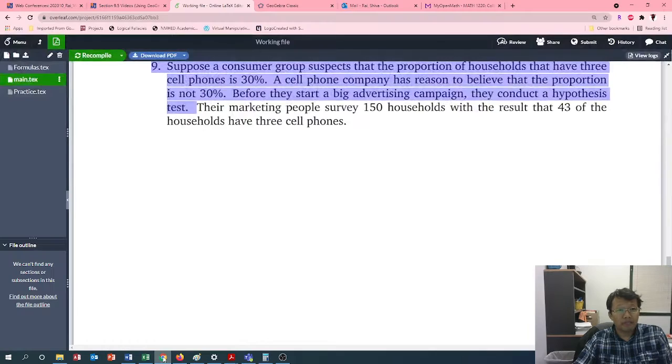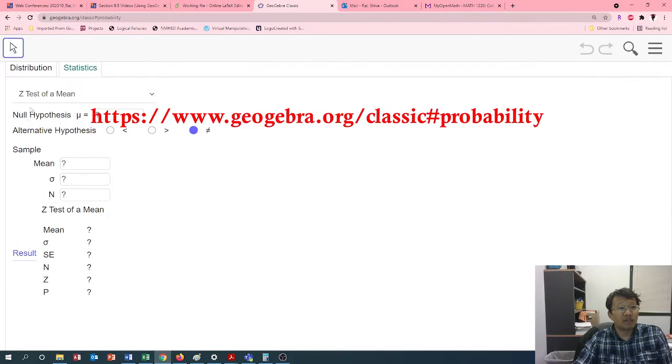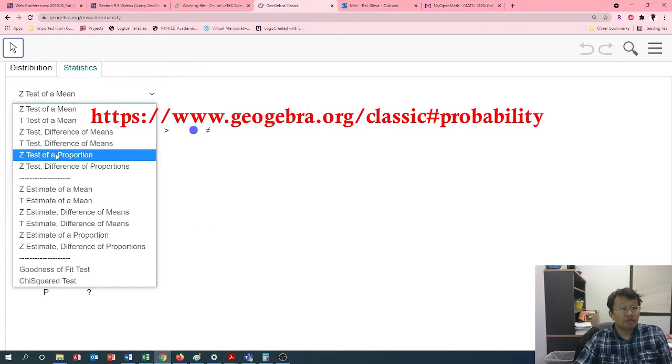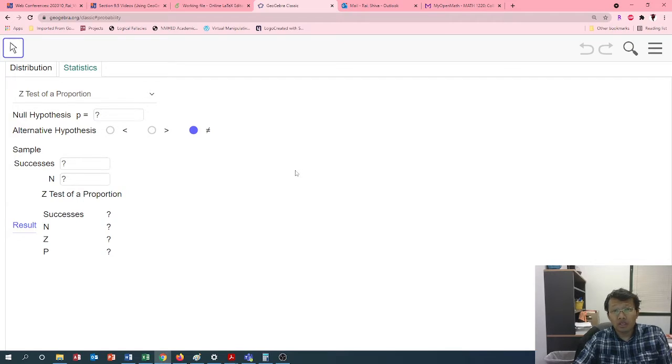Then on the GeoGebra.org graphing calculator, click on statistics and go for z-test of a proportion, since we are working on proportion distribution. So the proportion is 0.3, and the alternative hypothesis is not equal to 0.3. Successes, 43 successes out of 150.